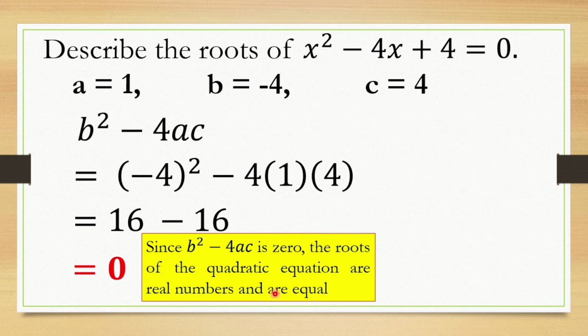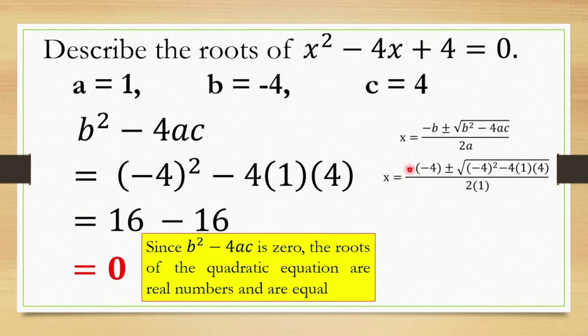So, let us check. Let us try to use the quadratic formula. So, dapat ang lalabas na roots or solution natin dito ay real numbers and equal. So, let us substitute the values. Ganun ulit, substitute b, a, and c. So, eto na siya. We will have positive 4 kasi negative, negative, that is positive.